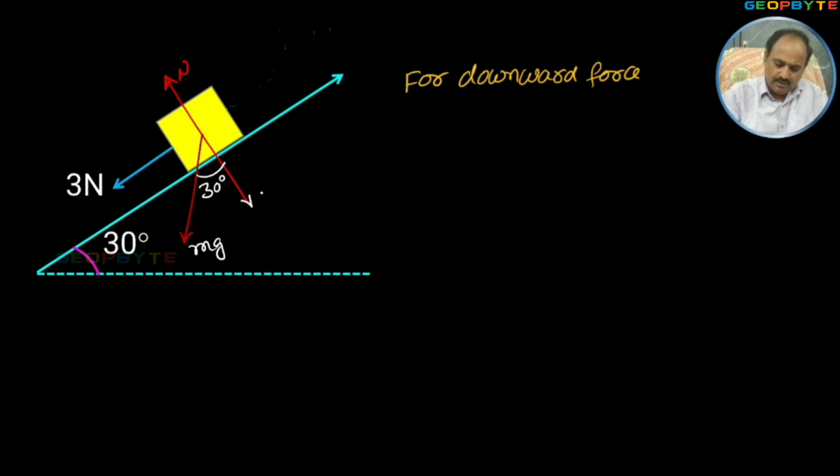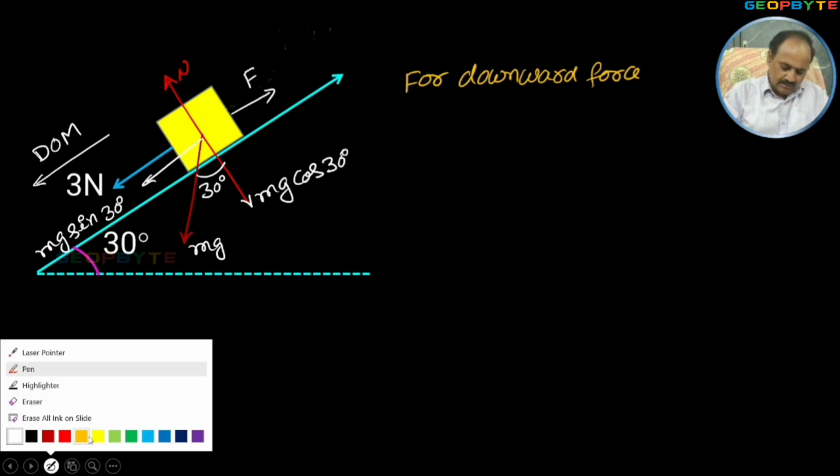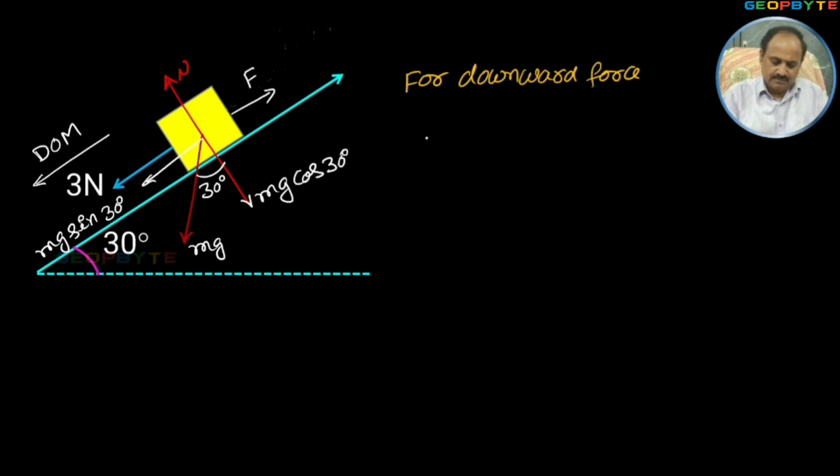Then it is developing two components of weight: this is mg cos 30 degrees, and this is mg sin 30 degrees. Then the block tends to move in this particular direction. This is the direction of motion. Then frictional force is acting in this particular direction. Let us balance the forces. Here the frictional force must be equal to 3 newtons plus mg sin 30.